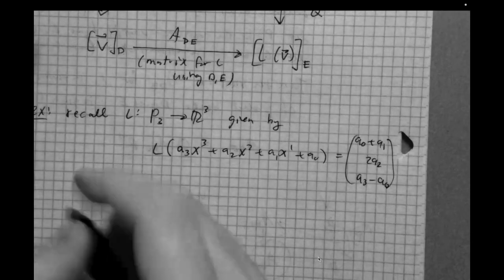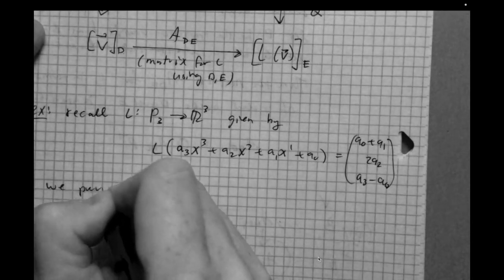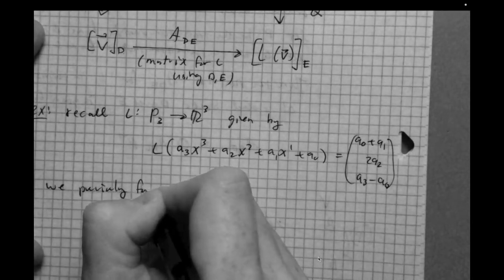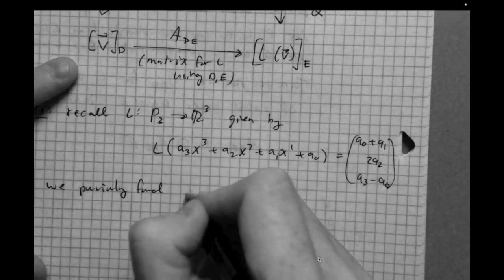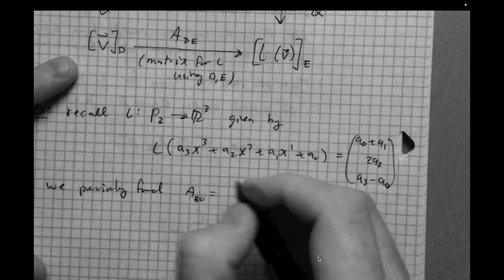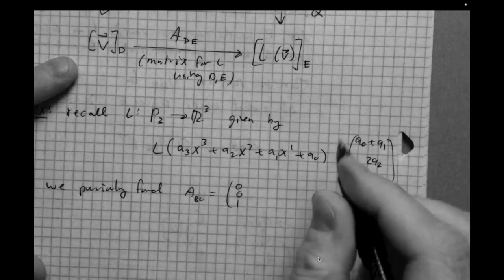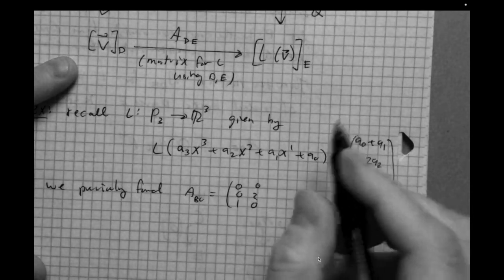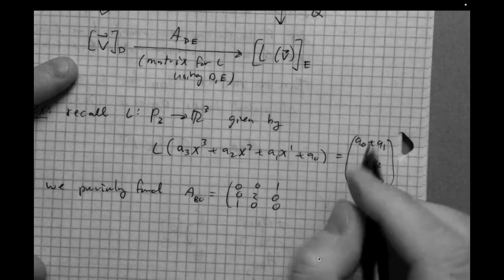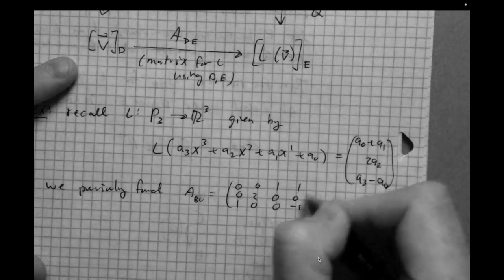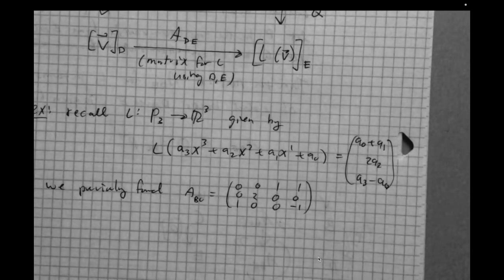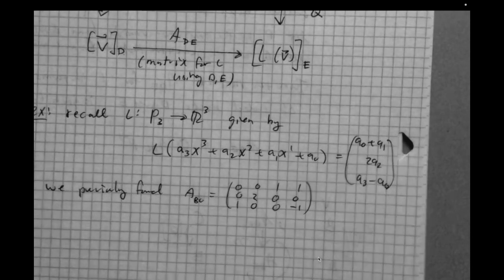Okay, we previously found that A sub BC was equal to 0, 0, 1, 0, 2, 0, 1, 0, 0, and 1, 0, negative 1. Okay, and we found the transition matrix Q from basis C to E previously as well, part of the previous example.